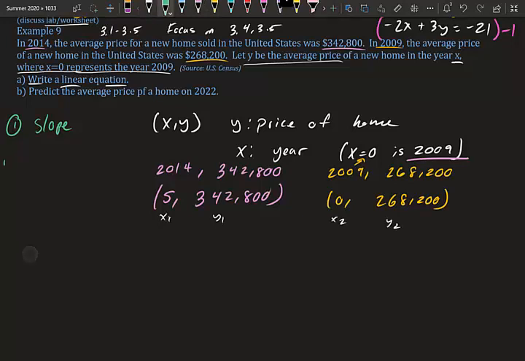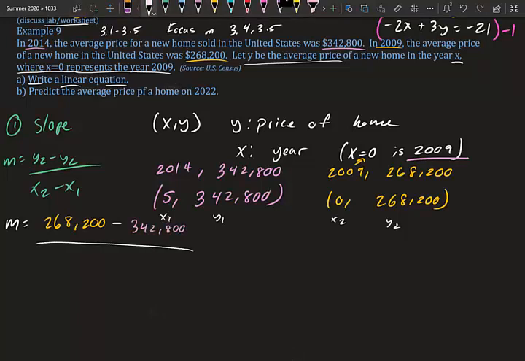Let's go ahead and plug them in. The reason why we plug them in is because we have 2 points, and we're not given a slope. So if you're given 2 points, always plug it in. We have m equals y2, which is 268,200, minus y1, which is 342,800, all over x2, which is 0, minus x1, which is 5.